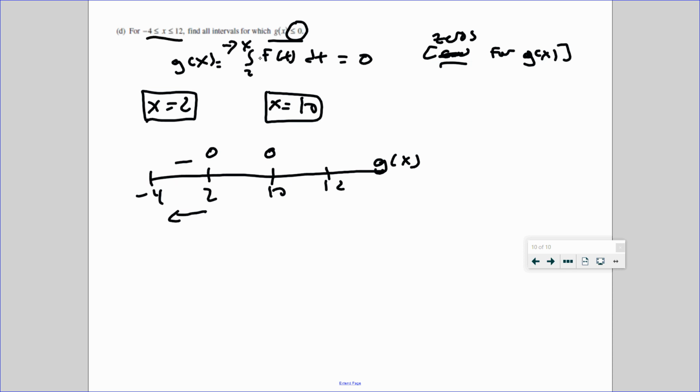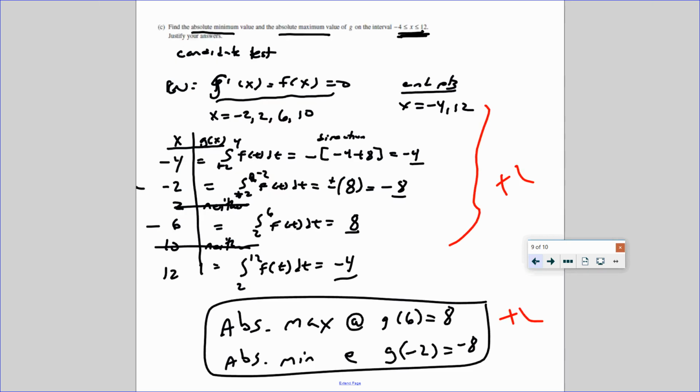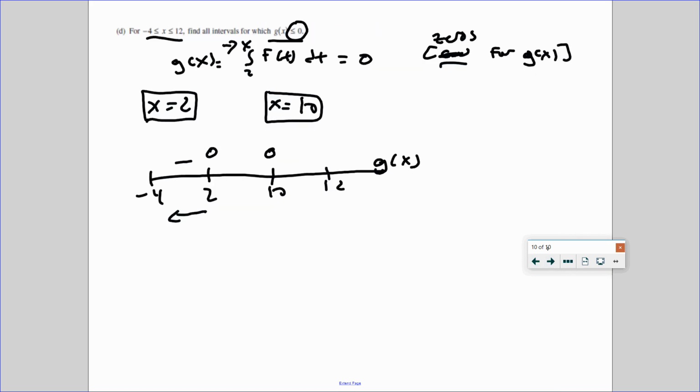From 10 to 12, let's take a look at the answer from our Canvas test from a year earlier. The value at 12 was -4. If at 10 I'm starting at 0 and the value here is -4, all of those values have to be negative. So I got my two regions. And from 10 to 12, well, they change sign. There's nothing that tells me that they don't change signs, so that's going to be positive.